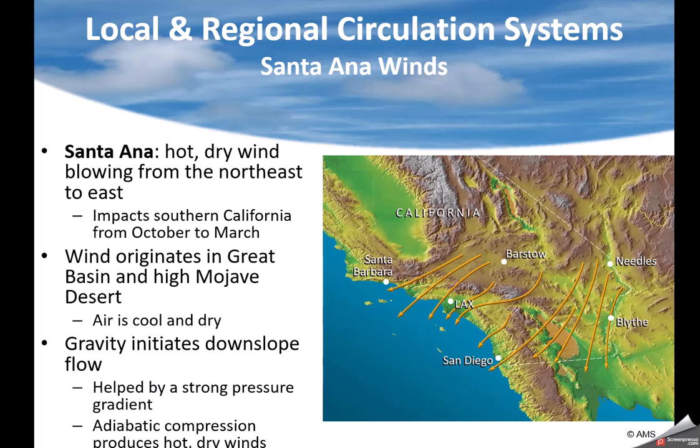They form in the mountains to the north. High pressure develops to their north, pushes the air, cold air originally, down those mountains. Fairly dry air already, all the moisture popped out. Gets extremely dry, very strong winds because gravity's pulling it down.